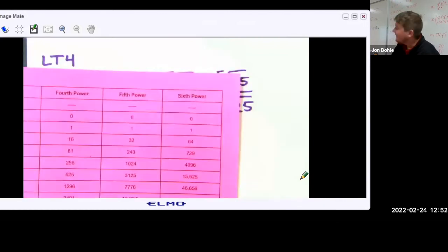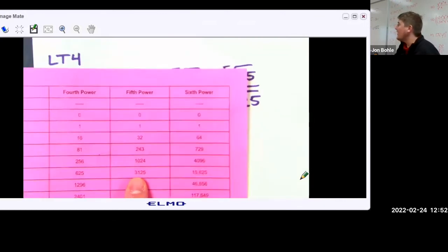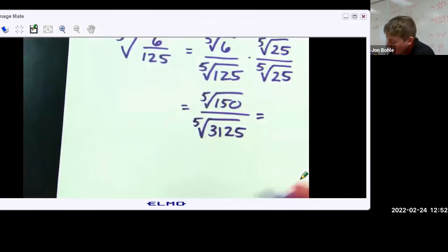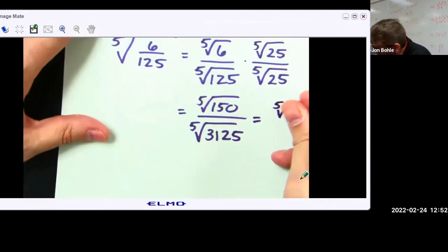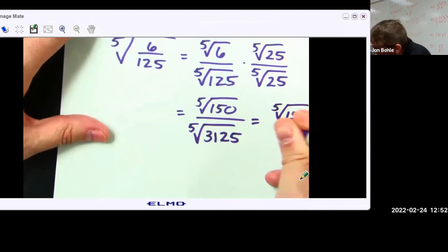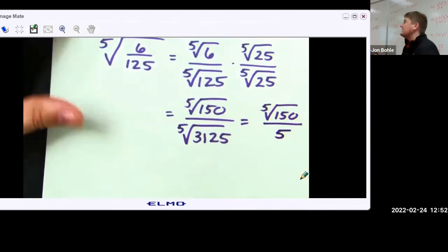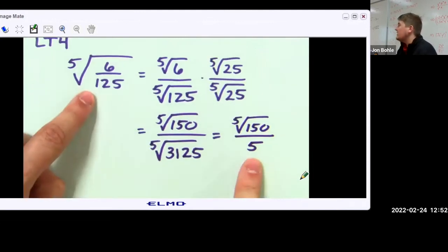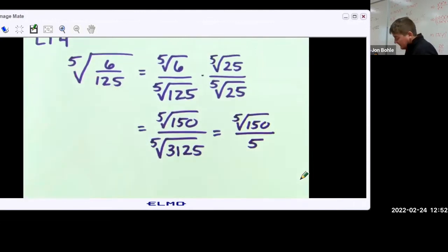No way. Look at that. What's 3125's root? 5. So then now I have not changed the value of the expression, but I have simplified it because the bottom does not have a radical. This and this are the same thing. Simplified, not simplified. Lovely.